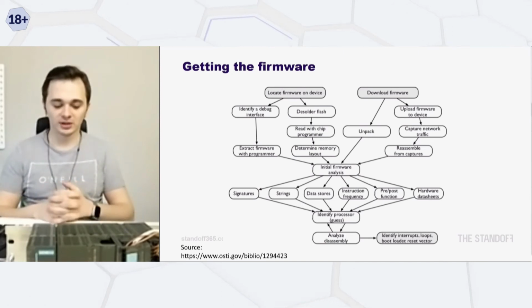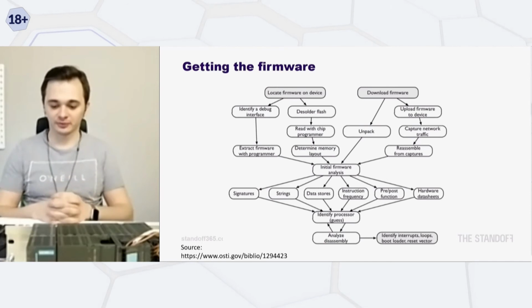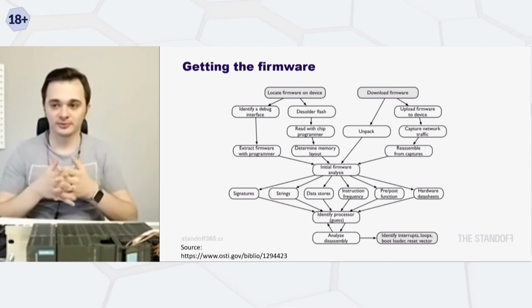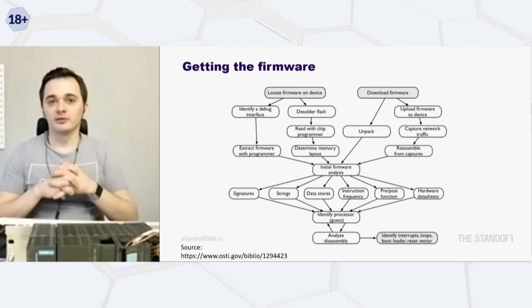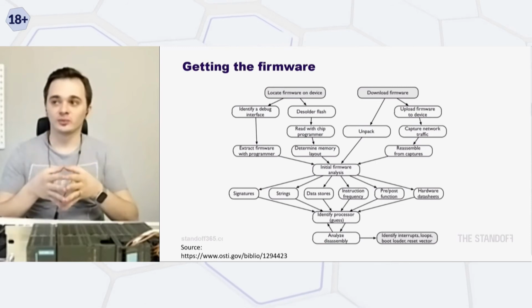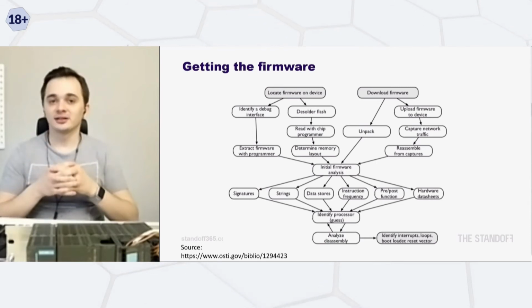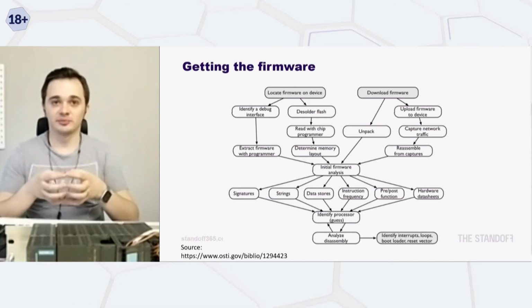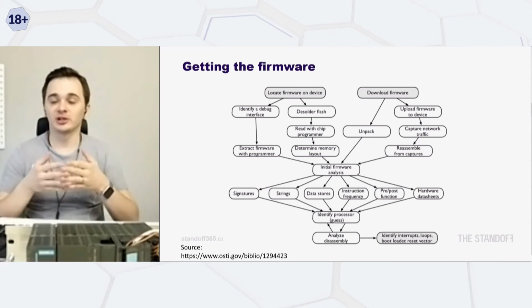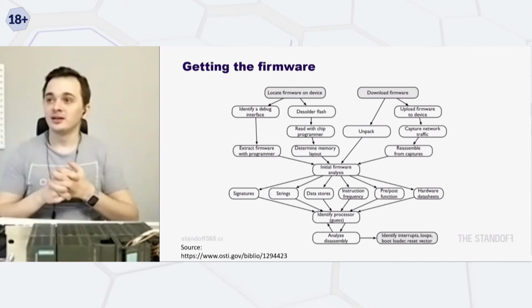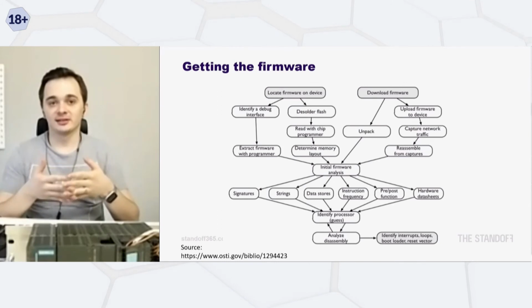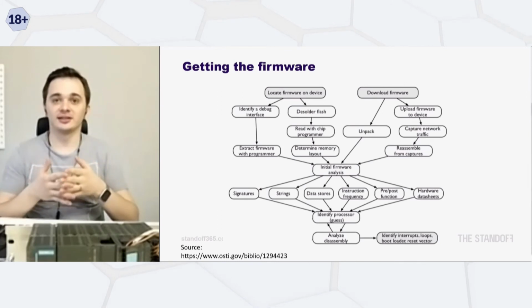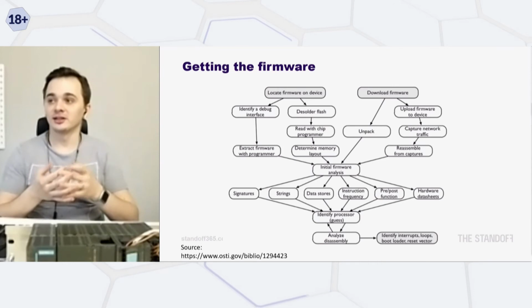So, the firmware guide came out recently, and I'm sharing the link with you on the slide. It is a good guide because it is a summary of best practices, of the experience of people who have immediate experience of this activity.